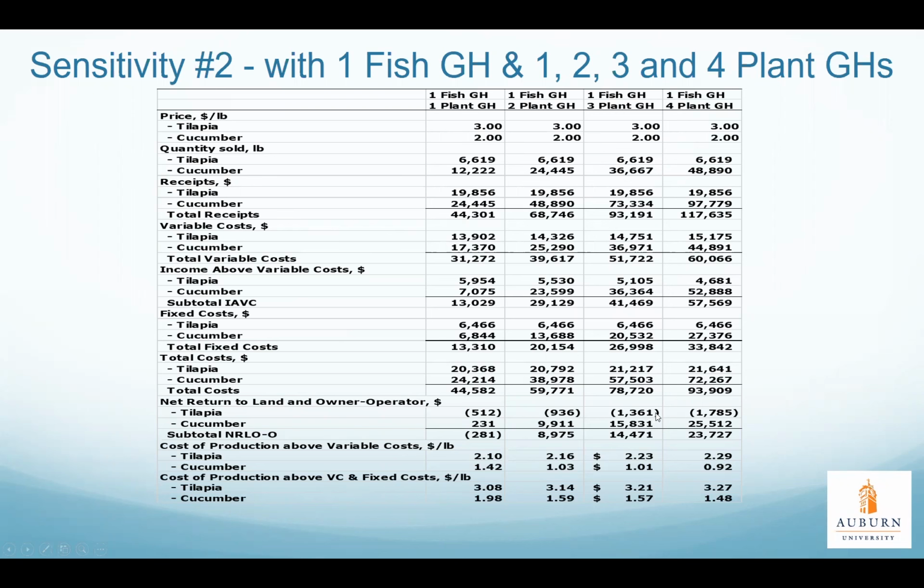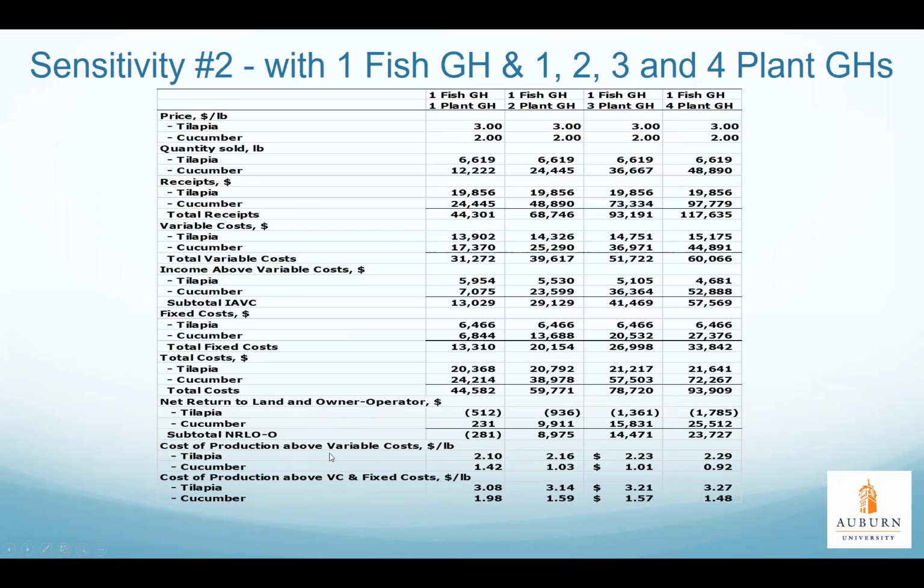This tilapia goes up in cost, and that's due to those common expenses that we divided 50-50 between the tilapia and the cucumber enterprises. And at 4 plant greenhouses, again with the 1 fish greenhouse, we're making money with the cucumber and losing money with the tilapia, but combined making about $23,000.